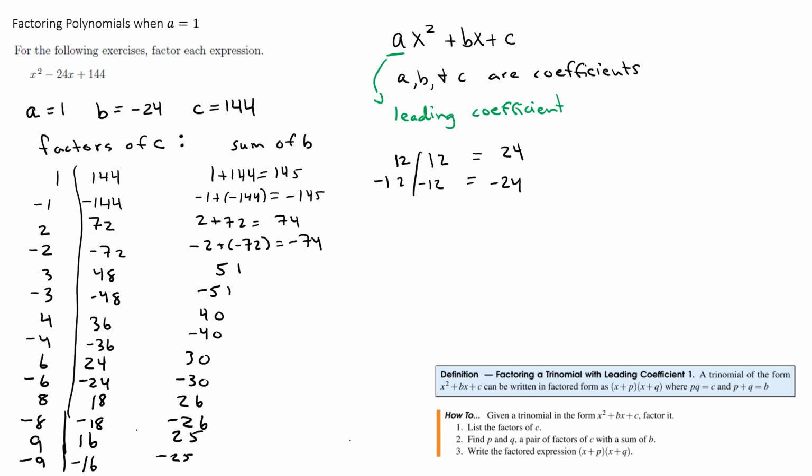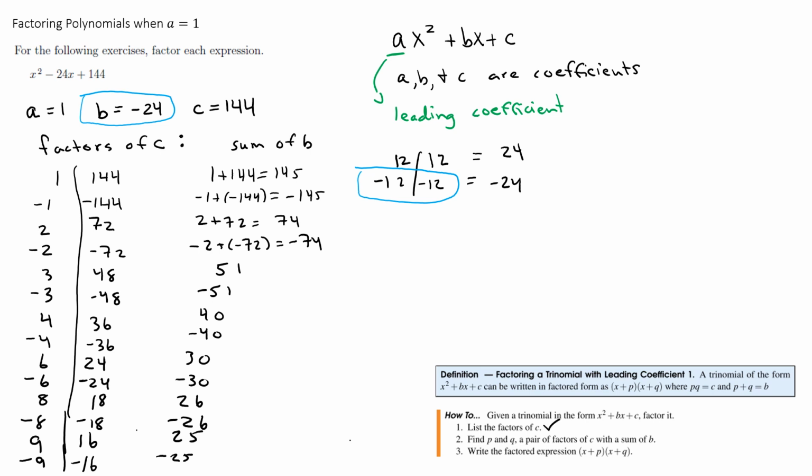So that was our first step there, listing those factors of c. Our second step was to find the two factors that added to b. So we've taken care of that. We listed all the factors of c, and then we found the ones that summed to b. The last step is to write this as a factored expression. We've got x squared minus 24x plus 144.